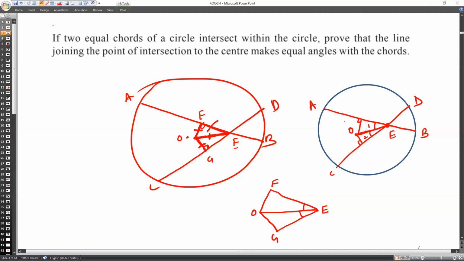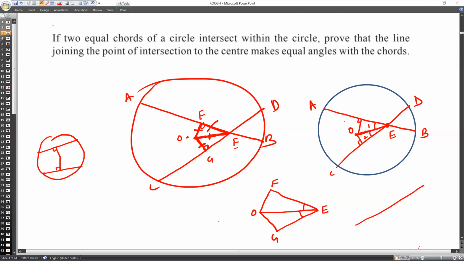Now you know that OF is equal to OG. Why? Because these two chords are equal, and we have a theorem that the perpendicular distances from the center to two equal chords are equal.